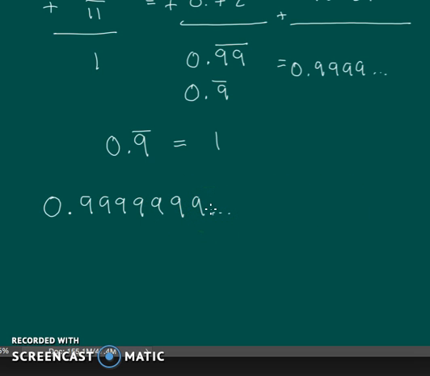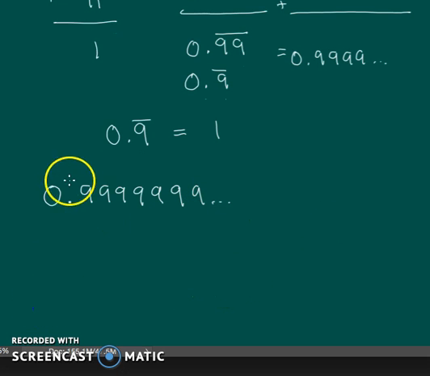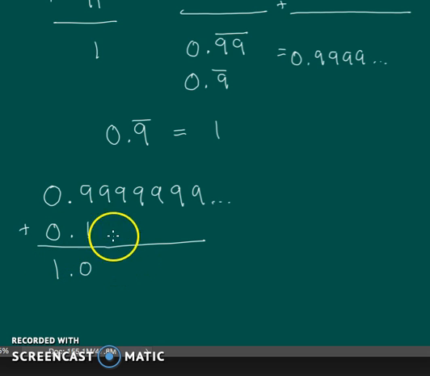So now ask yourself, what do I have to add in order to make this 1? Well, if I want to get a 10 or a 1 somewhere, I'm going to have to add a 1 to a 9 in order to turn it into a 0 and then get a 1 before it. So let's just see what happens if I add 0.1. Okay, well, I get 1.0, but then I still have all these other 9s behind here.